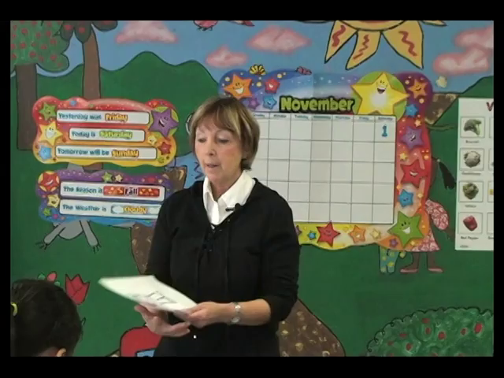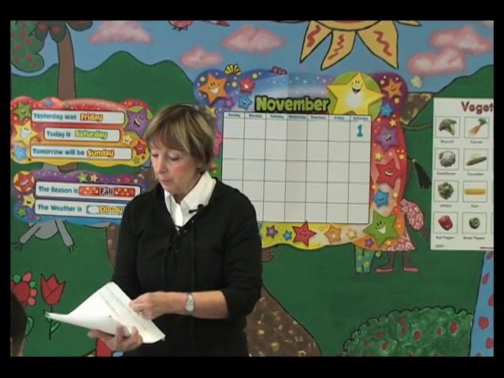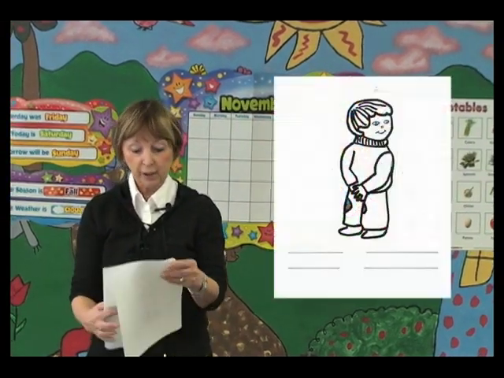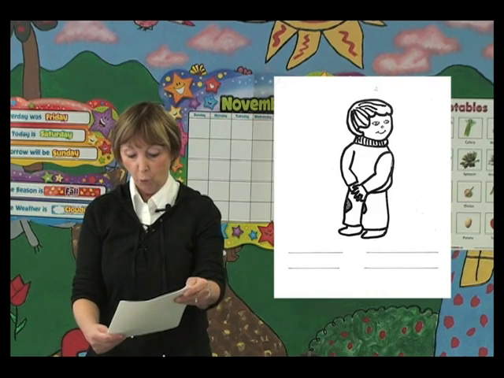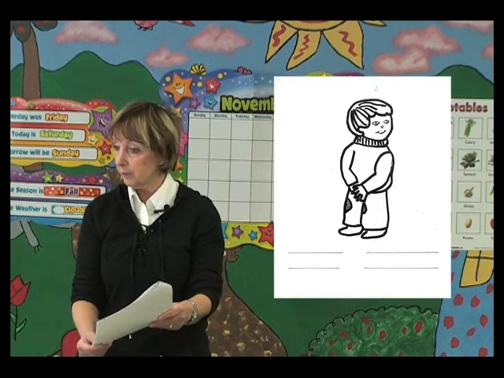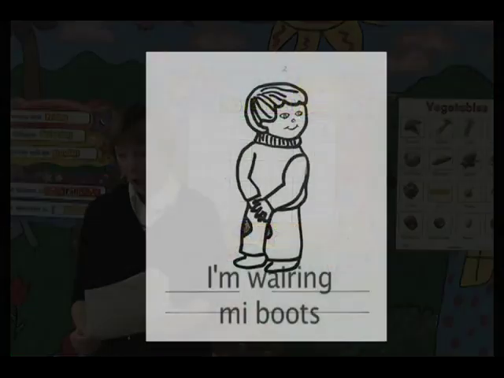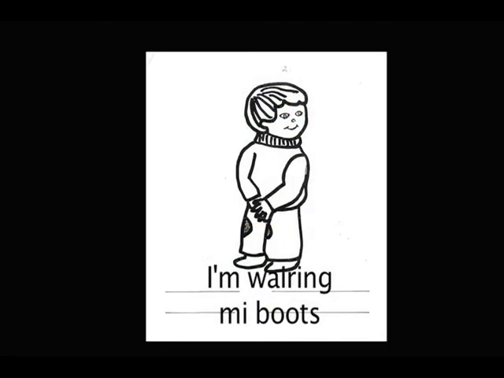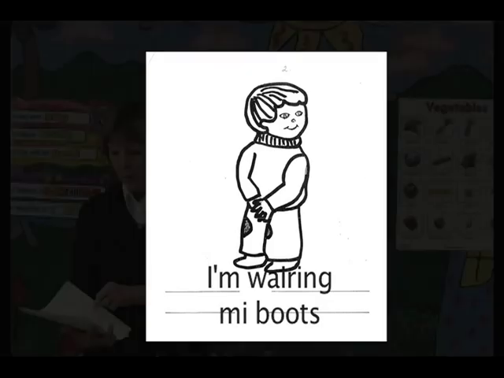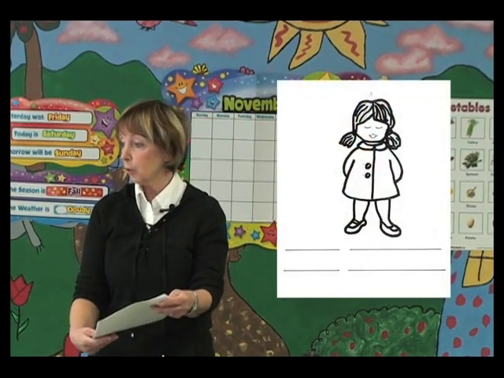Okay. The second page, everyone, let's just look at the work first. The second page, we have a picture of a boy wearing his boots. So the sentence that you're going to have to write on that page is, I'm wearing my boots. Page number 3, you have a picture of a little girl wearing her coat.